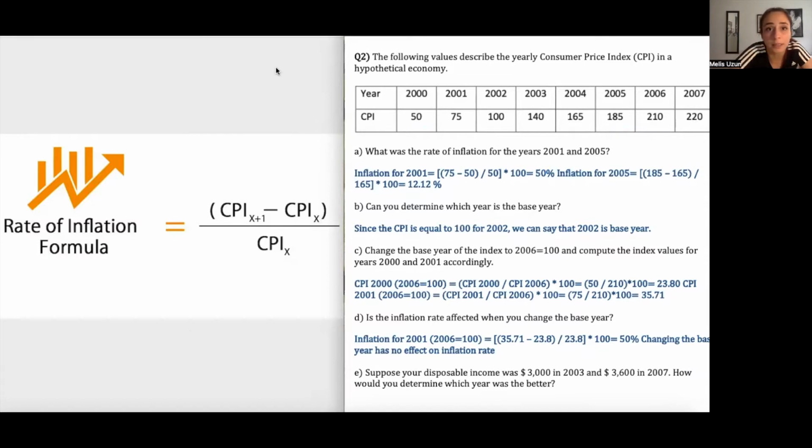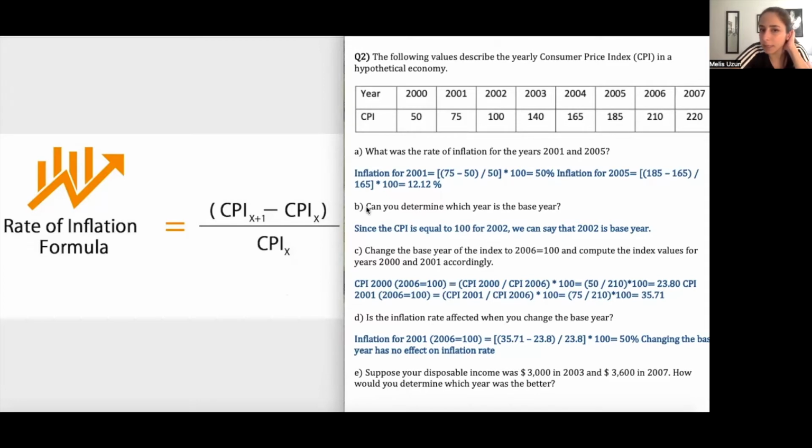I hope it's as clear. So we subtract 2004's CPI out of 2005 CPI and divide it by 2004 CPI and multiply it with 100, so it is equal to 12.12%. We use this formula.